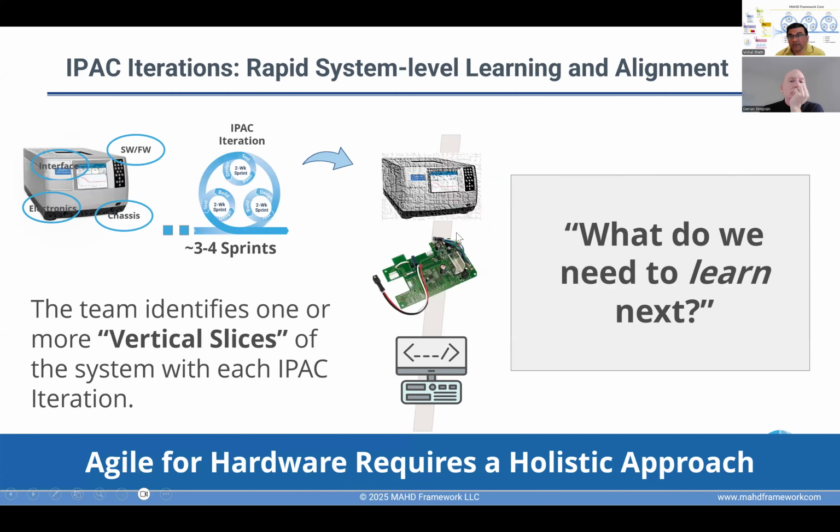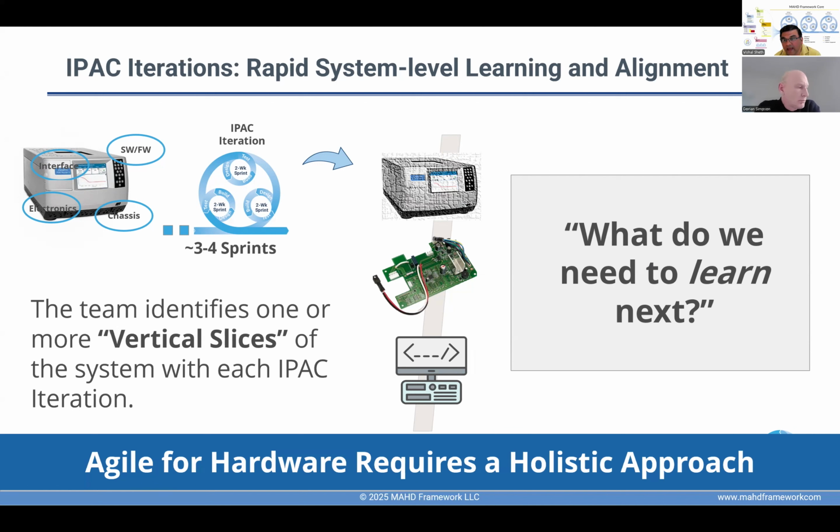Another related concept is the vertical slice. Typically, we will coach and remind the team to start with the question, what do we need to learn next? This is often one of the on-ramp outcomes, but continues to evolve and change as the project grows. A vertical slice is typically a portion of the system that comes together to learn something, to validate technology, get it in front of customers, and so on.